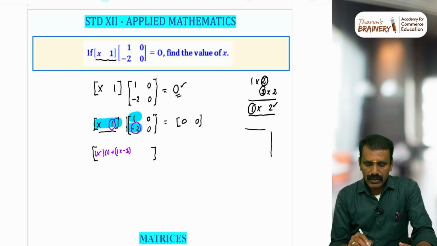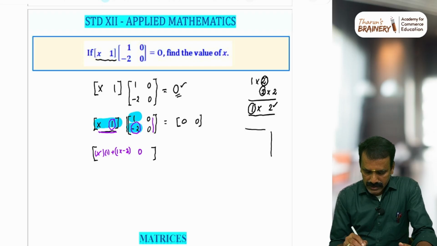So we completed the first row with the first column. We move on to the next element: first row, second column. So we have to multiply the first row with the second column. The second column elements are obviously 0. So x into 0 is 0, again 1 into 0 is 0, giving 0, 0.